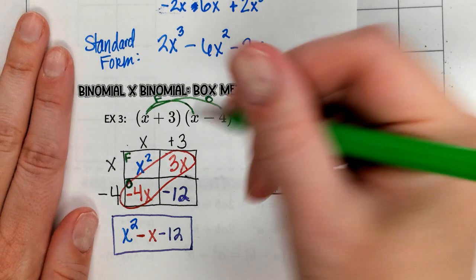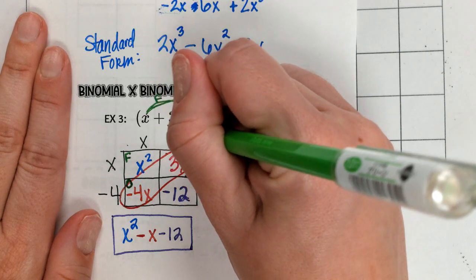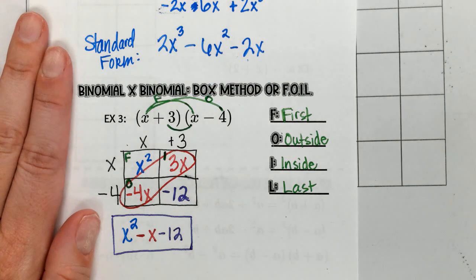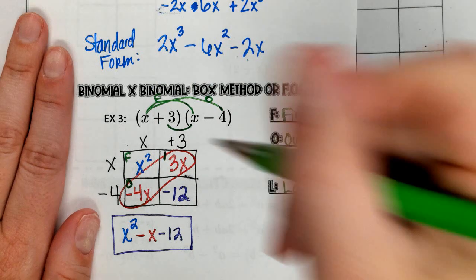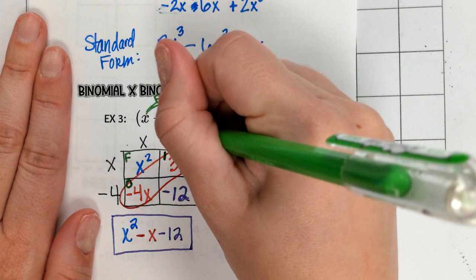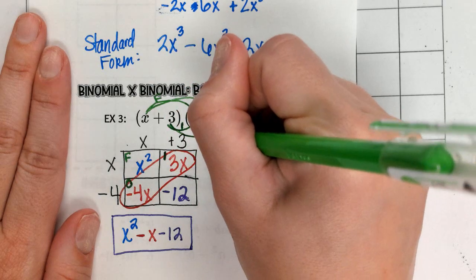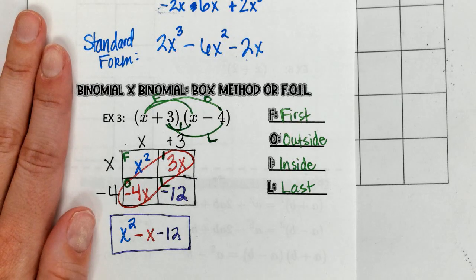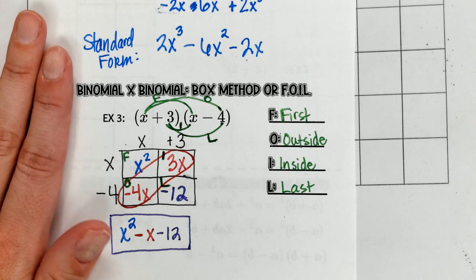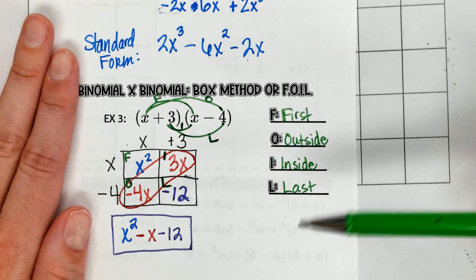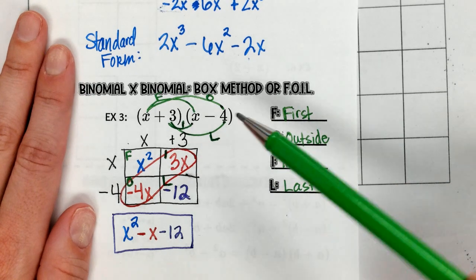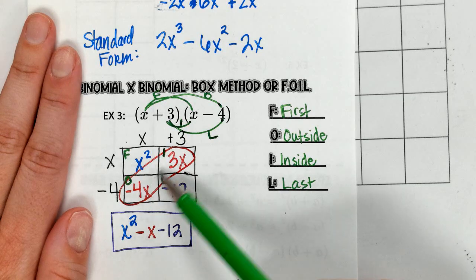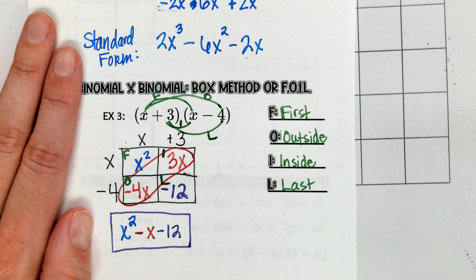I for inside terms. So that would be the two terms right on the inside. Okay. And then L for last terms. That would be the two terms on the end. So that would be the 3 and the -4. Okay. And then the ones that we can typically combine are typically going to be the O and the I. Those are typically going to be combined into one.